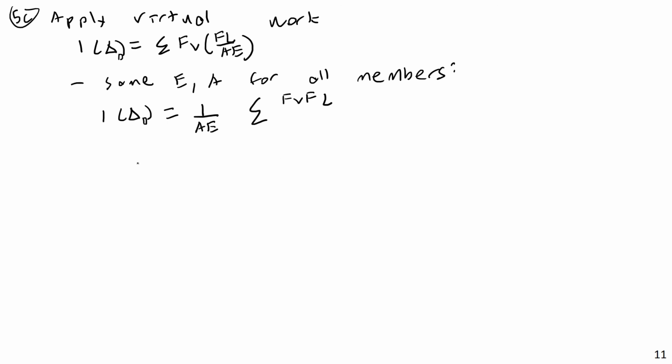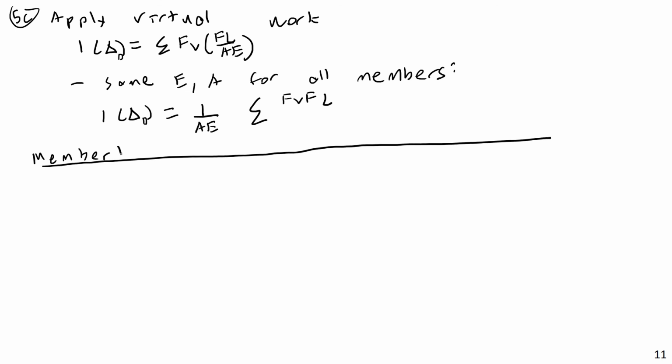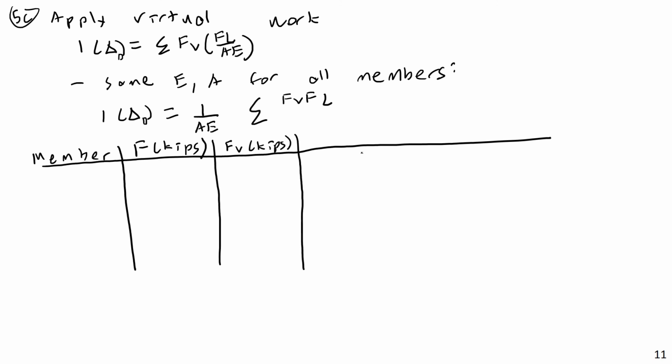So I'm going to create a little table, and this will be the last table of the problem, I promise. So member, and it's going to be quite a large table though. And then F, the real member forces in kips, or the forces from the real loads. Then I'll have FV also in kips, the internal forces from the virtual load.